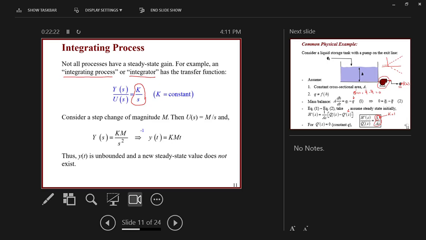It's a constant. And if we assume a step change input of size m, so that U of s is equal to m over s, and substitute this here, we will get y of s equal to km over s squared.